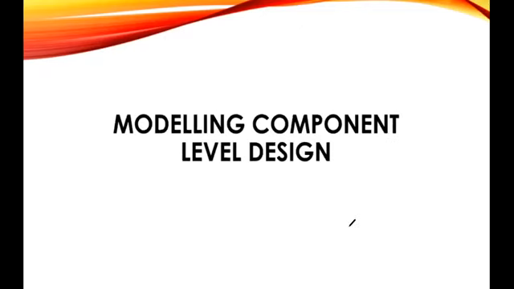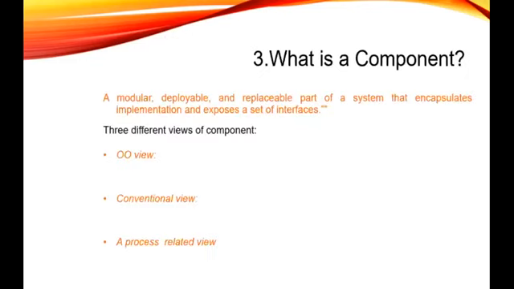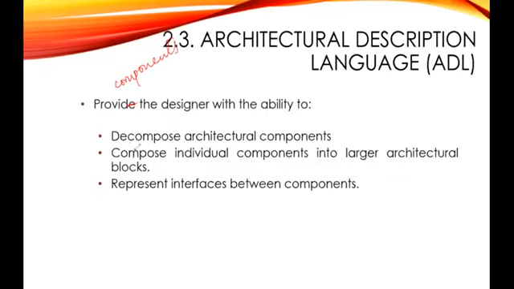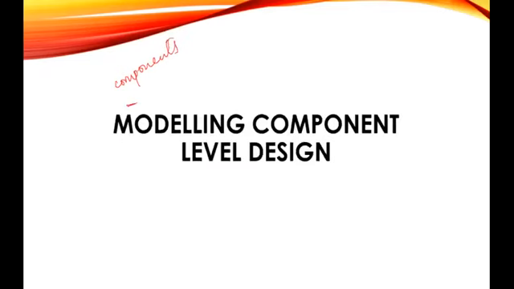Now coming on to the next topic, that is modeling the component level design. Now first we need to know what is the component. Now the definition of component: a component is modular. Modular means different modules are there, different components are there. Modules can be different components. Deployable, as within the previous slide I've told you, that you can compose individual components into larger components.